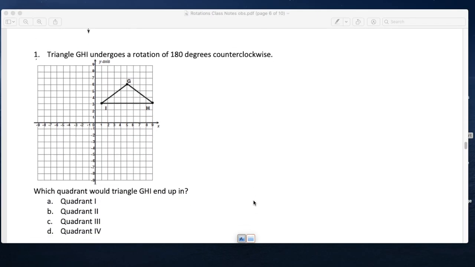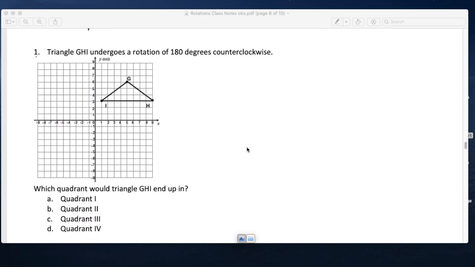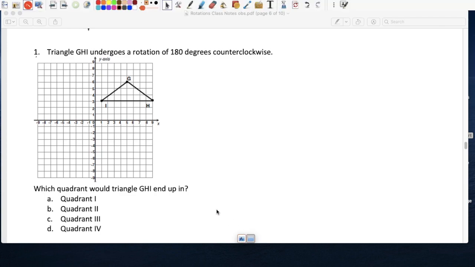Triangle GHI undergoes a rotation of 180 degrees. Which quadrant would triangle GHI end up in? Well, let's focus on one point. Let's focus on point G here. If it's going to travel 180 degrees, that means it's going to move over 2 full quadrants.